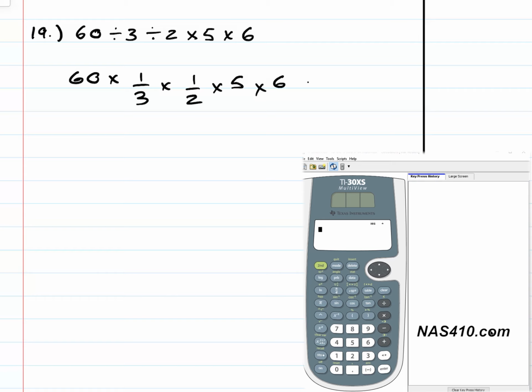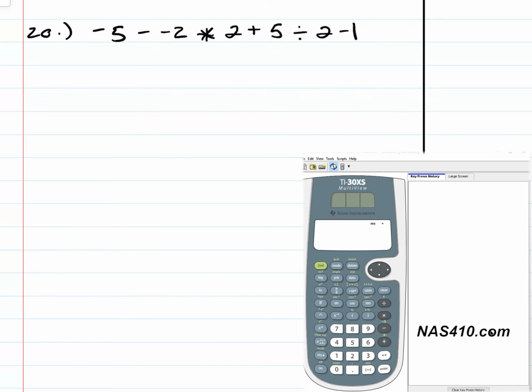And so I have 60 times 5, and that makes 300. And I'm going to multiply that by 6, and that makes 1800 on top. Okay, and then on the bottom, I have 3 times 2, which makes 6. I divide 1800 by 6, and the answer is 300.